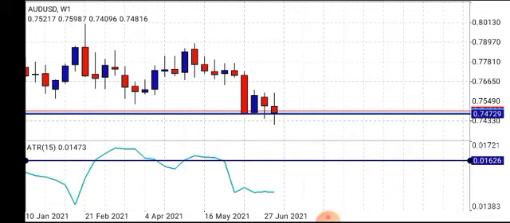Now, if I'm to buy this coming week, I would wait for the market to close below that level. If a 1 hour or 4 hour bearish candlestick closes below that support level, I might consider selling Australian dollar USD below 0.7472.